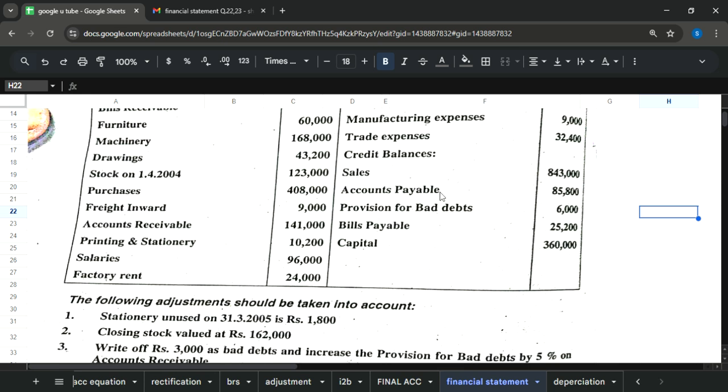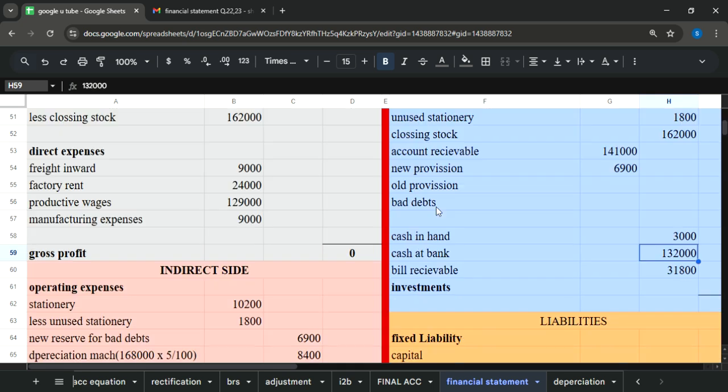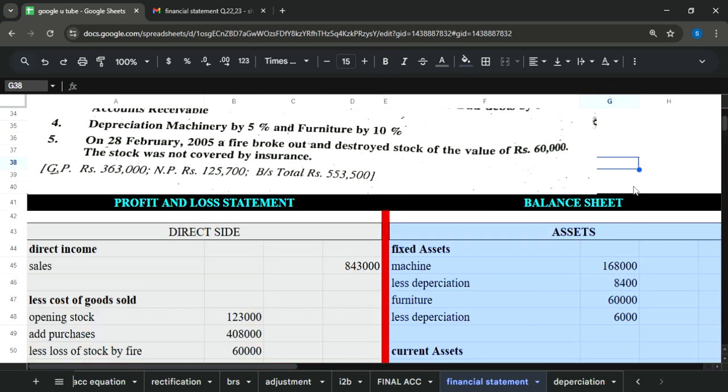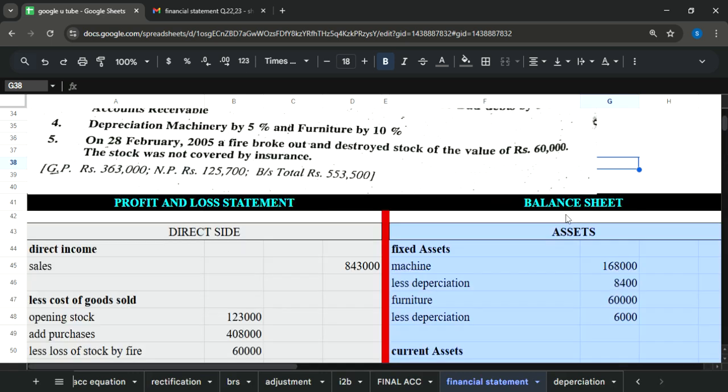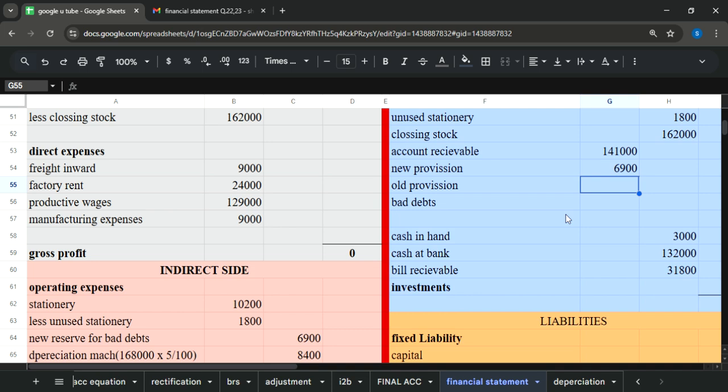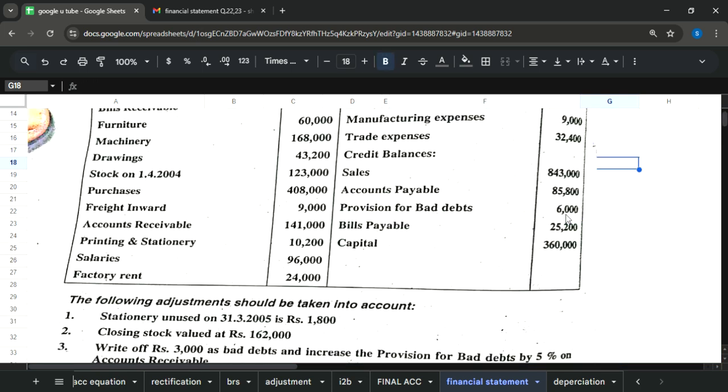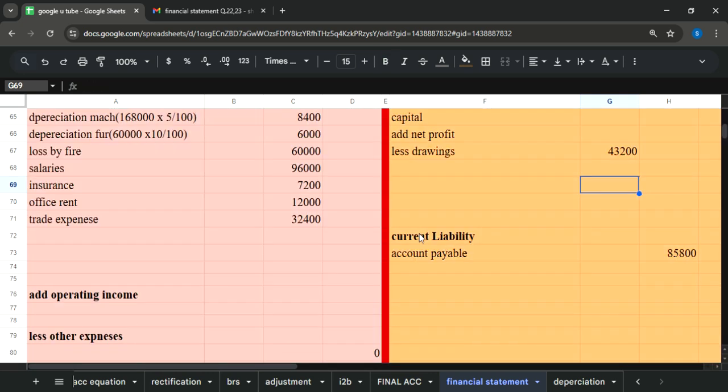Then we have provision for bad debt. This is old provision. So you will go over here. We have already a place for old provision, the amount of which is 6,000. Just put 6,000 over here. After provision for bad debts, now we have bills payable. This is part of current liability side.